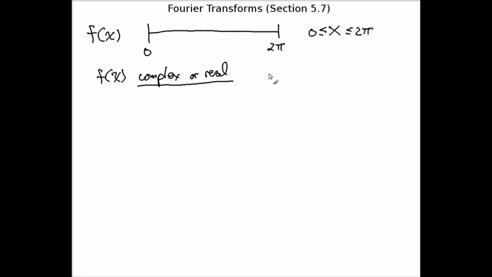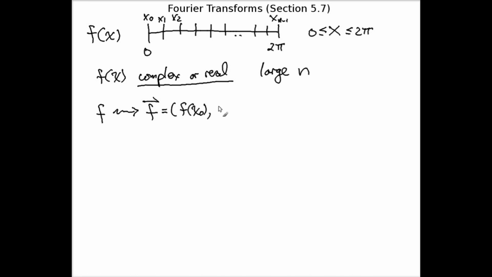And I choose some large number n, and I break this interval up into n equally spaced parts, and I label them x0, x1, x2, up to x n minus 1. And then associated to a given function f is its value vector, which is to say this vector f of x0, f of x1, up to f of x n minus 1.